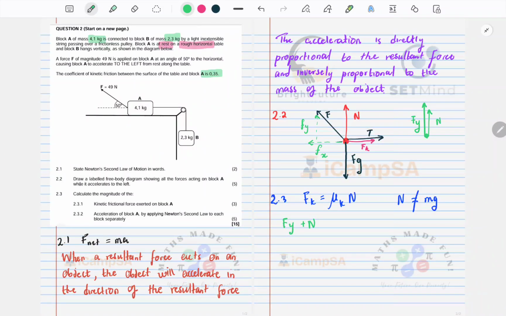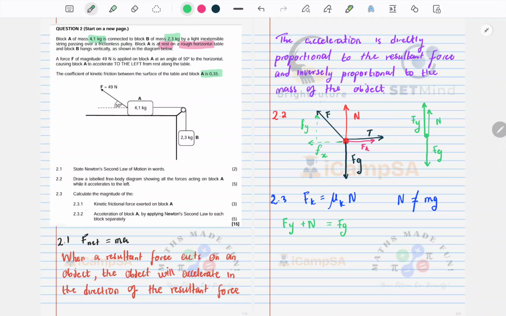This is going to be the normal force, and then what do we have? We have your Fg here, right? So we need to do a net of this, because the object is not moving up and down, but it's moving only horizontally. So it means these three forces, the two going up and the one going down, are going to be equal, like this.